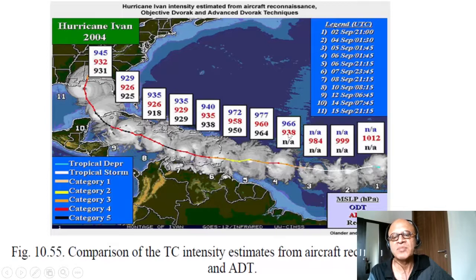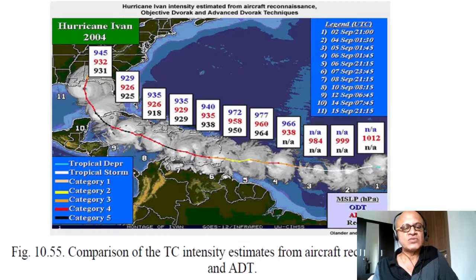So if you compare the numbers where all three are present, recon says 964, ADT is closer to it, but the older one is off by much more, and the same thing happens here. This difference is even larger. So obviously the advanced Dvorak technique has improved the estimates of the eye wall pressure, and hence the intensity of the cyclones as well.